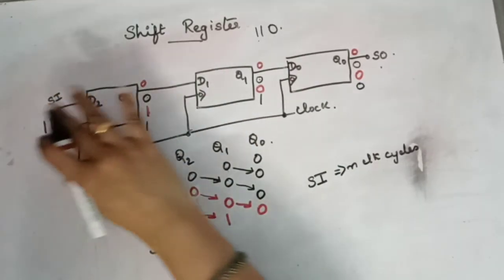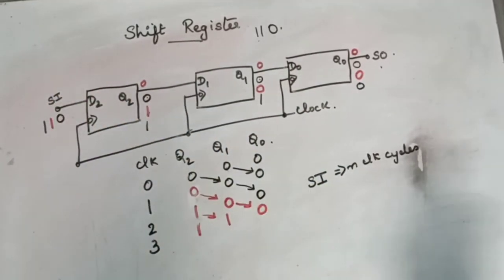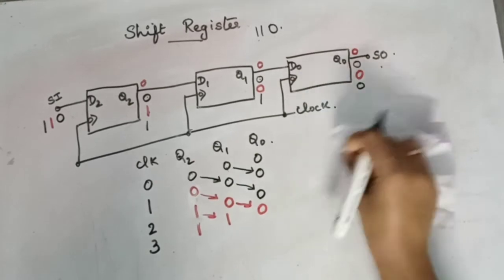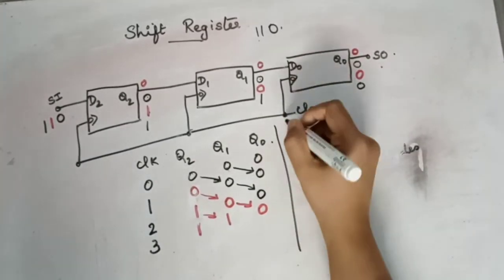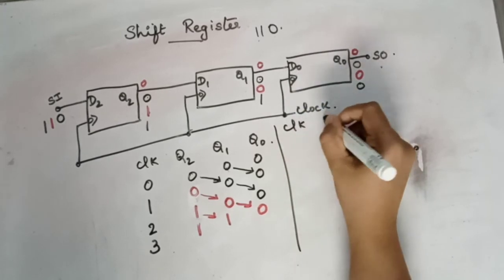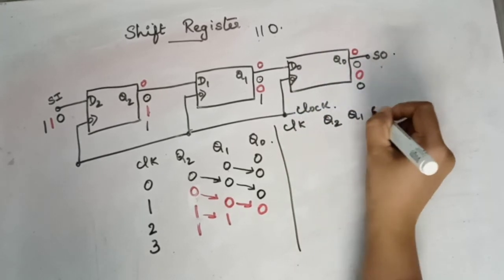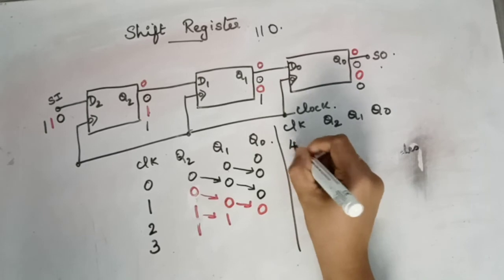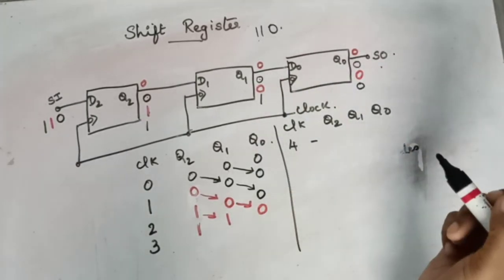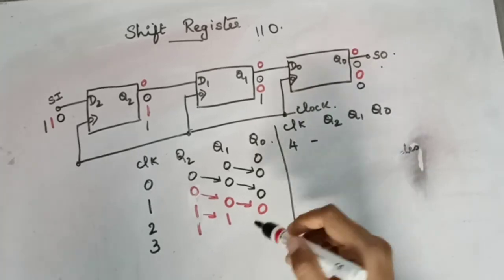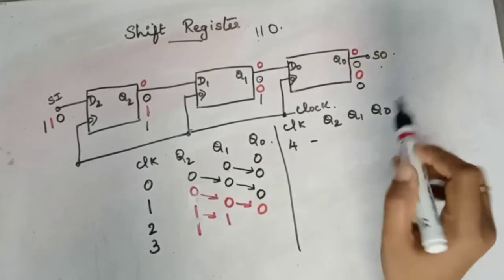Now I'm not going to serially input anything. I'm just going to give the clock. Okay, so what happens is this 0 goes.